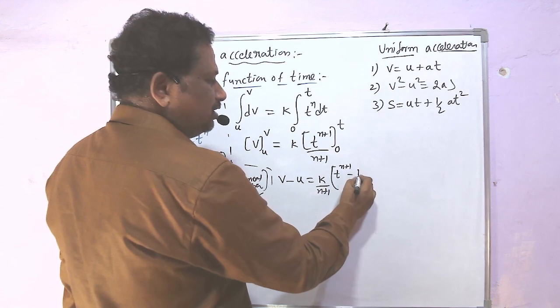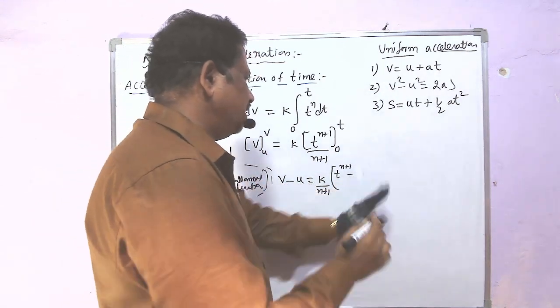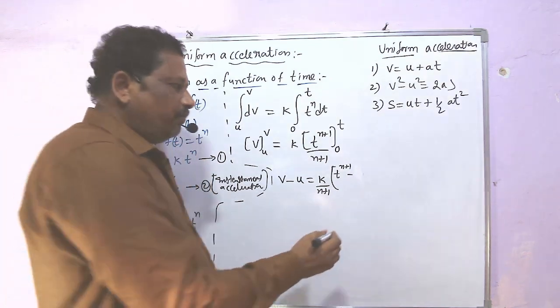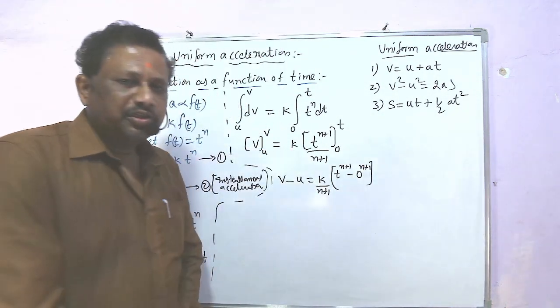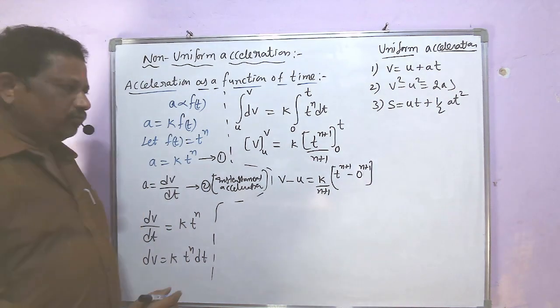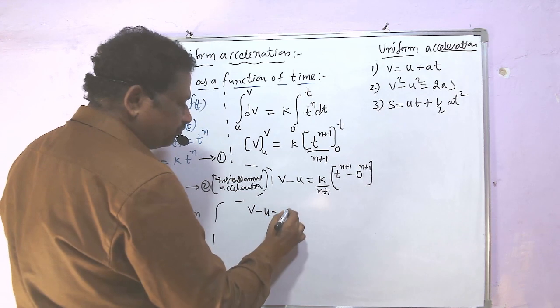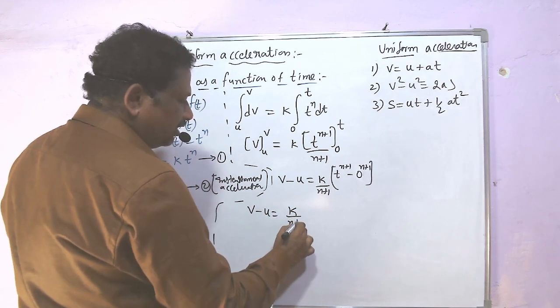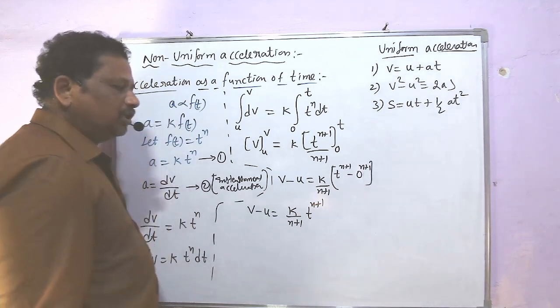So what we get here: v minus u is equal to k by n plus 1 into t power n plus 1. This u send that side. So v is equal to u plus k into t power n by n plus 1 into t.